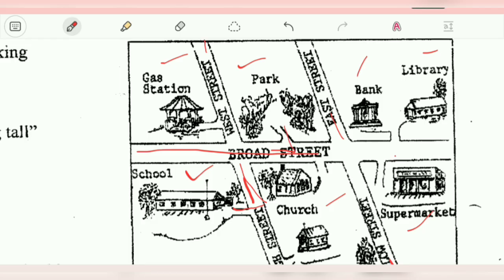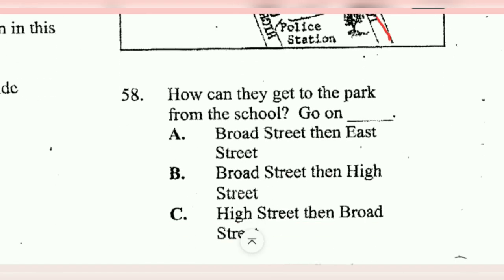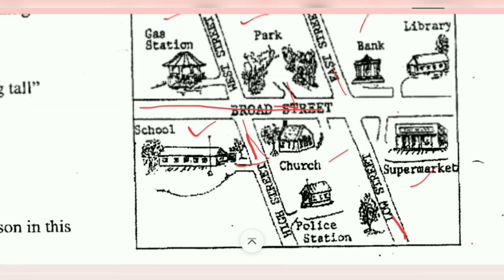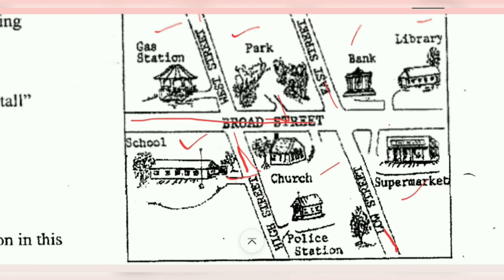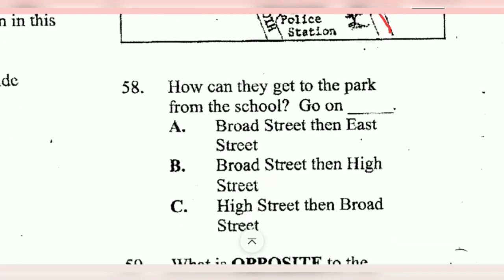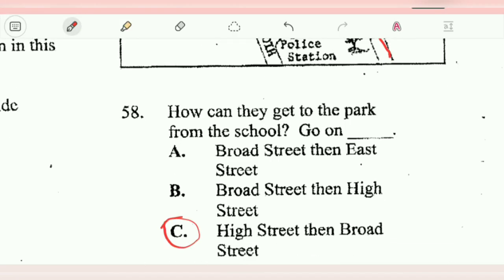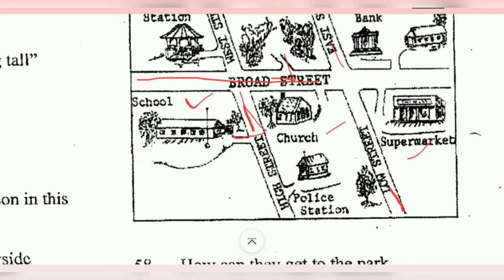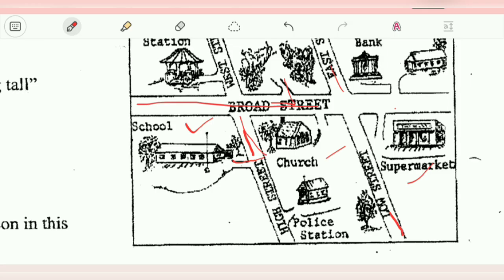So is it High Street, Broad Street? Let's see. B says Broad Street, then High Street. It's High Street, then Broad Street, which is C, not B. Because in C, they come out on High Street, which is here. They come out here from the school. This is High Street, see it here. But they're not coming this way. Then they go this way to Broad Street, and the park is off Broad Street.